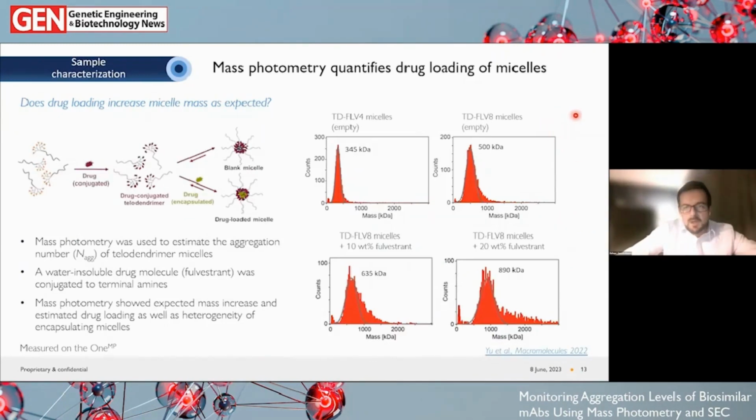You can also utilize it for not necessarily just protein-related work. In this instance, we're looking at polymers and vehicles for drug delivery. Here we're looking at telodendron micelles, which were used as a means of effectively solubilizing a water-insoluble drug called fulvestrant.